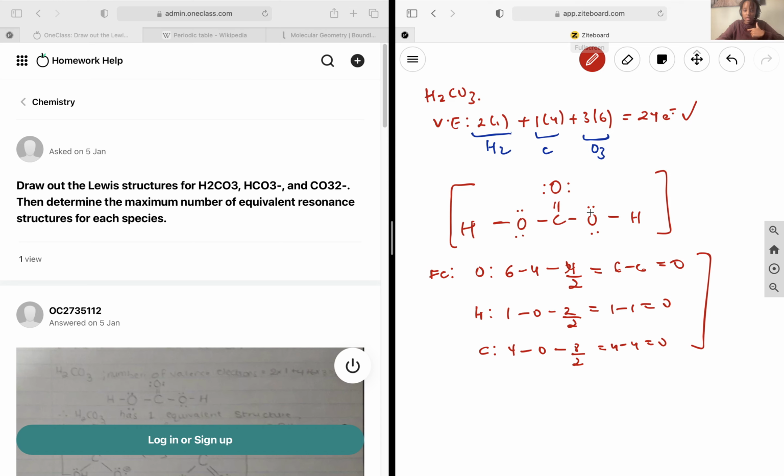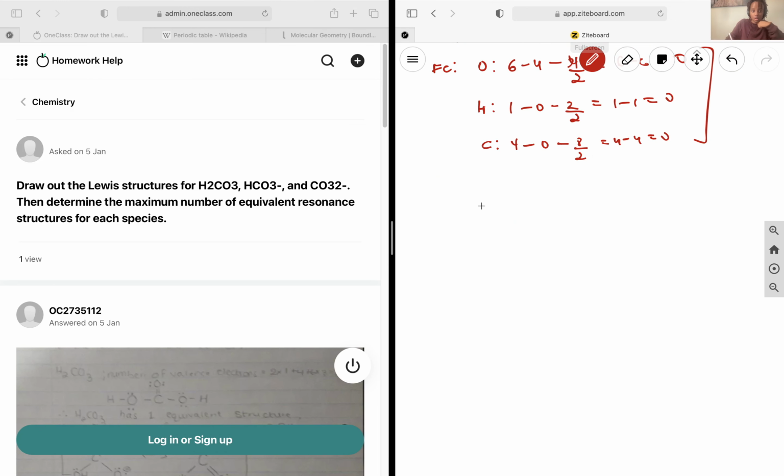Same thing here. If we decide to move these lone pairs on their own, it would mess up the charges and make them non-zero. And so this only has one equivalent resonance structure. For the following ones, that may not be the case.